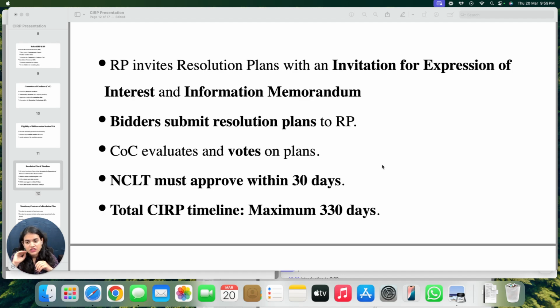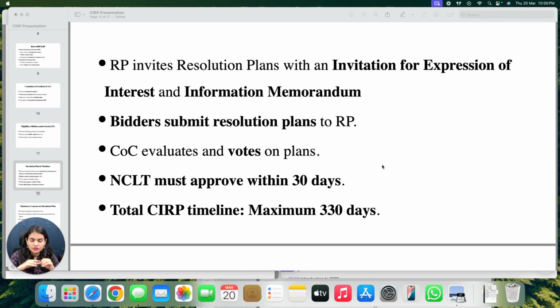They may require the resolution applicant to have a certain amount of industry experience because a hospital is a very specialized field. You cannot expect a lay person to come and manage such an institution. So they may impose certain qualifications and criteria like educational background, financial background, or licensing.